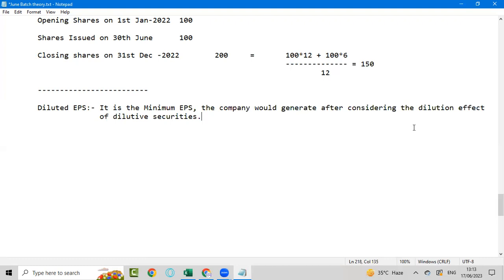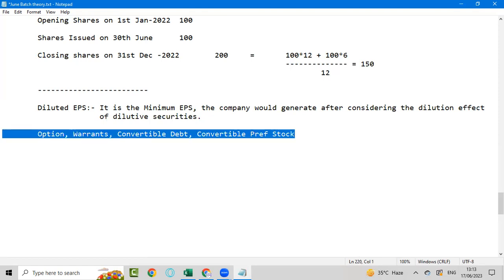There are certain dilutive securities. What are those? We have options, warrants, convertible debt, convertible preference stock. If these securities are converted to equity, our share base will increase.